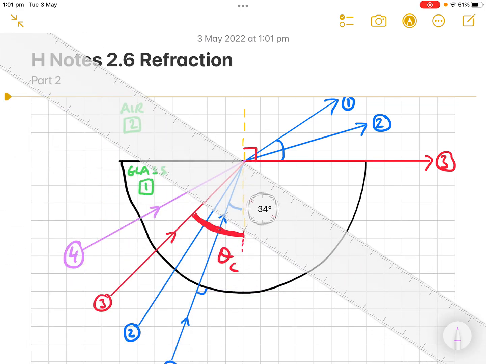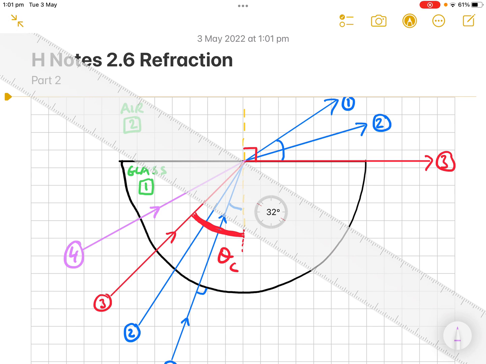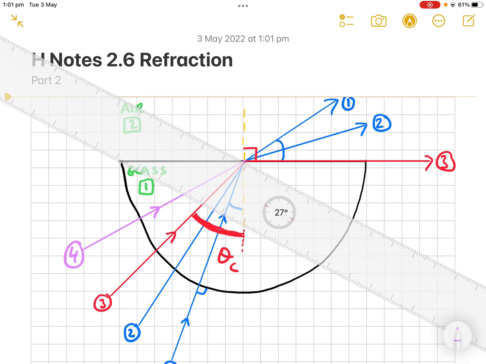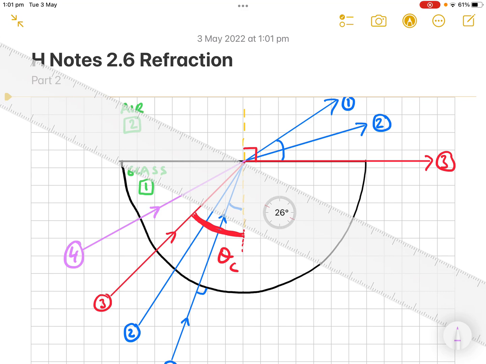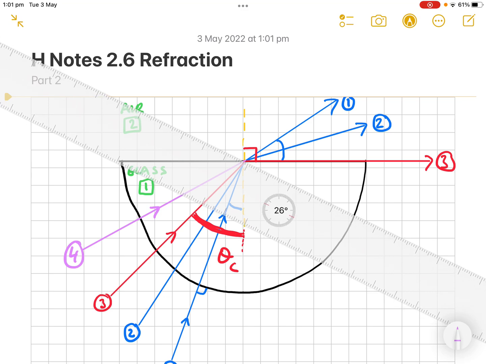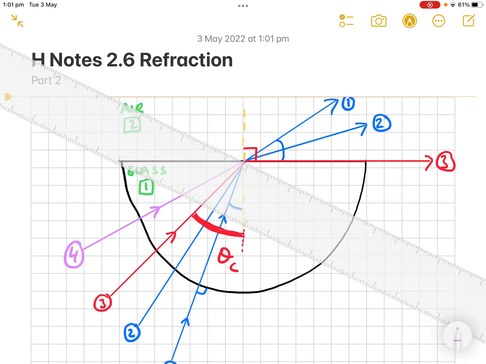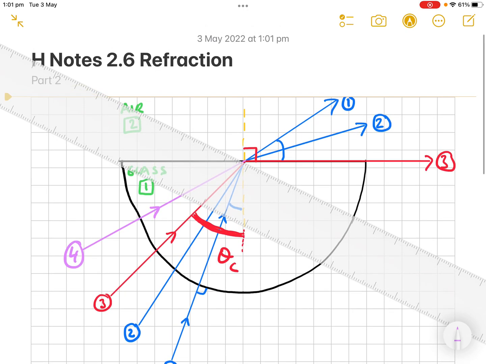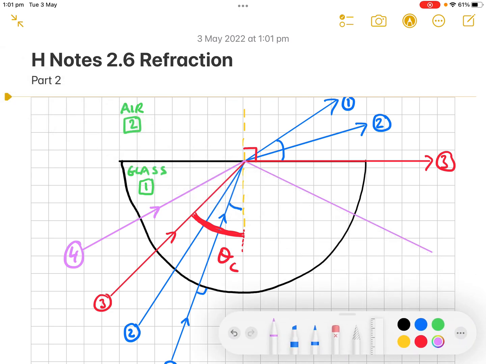And what happens here is that in fact the ray is reflected off the flat side within the glass, internal to the glass, rather like it's a mirror. Like so.